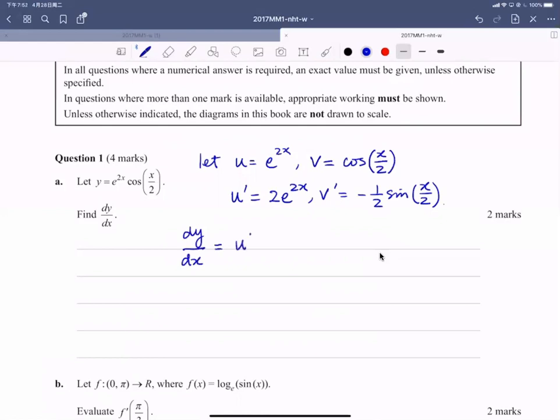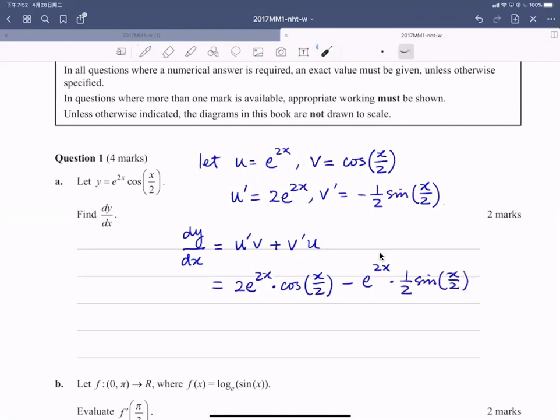Now dy/dx will be u' times v plus v' times u, which is 2e^(2x) times cosine half x minus e^(2x) times half sine half x. Notice that this plus becomes minus because of the minus sign here.